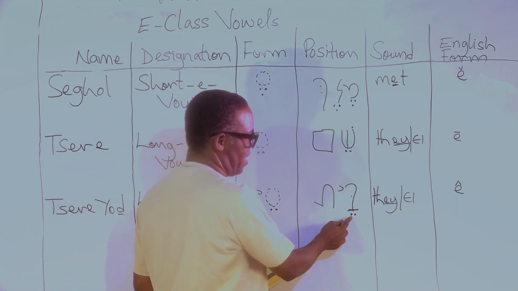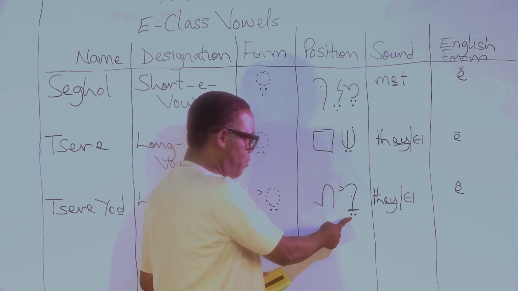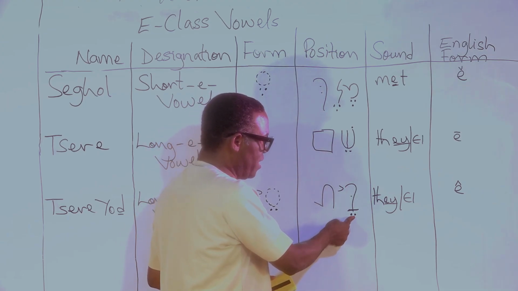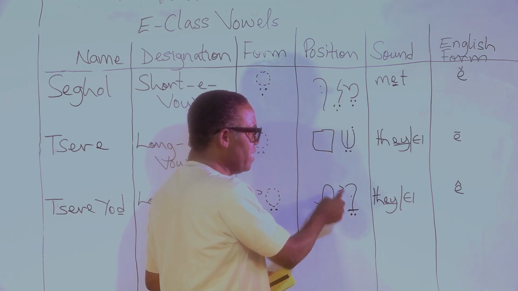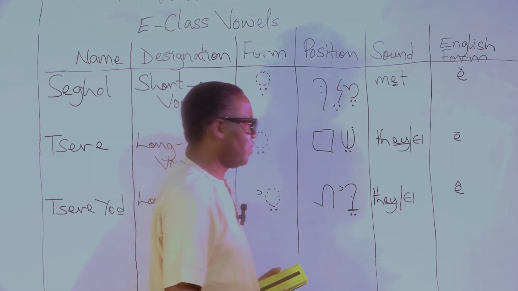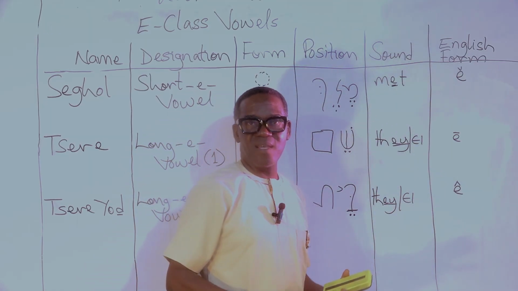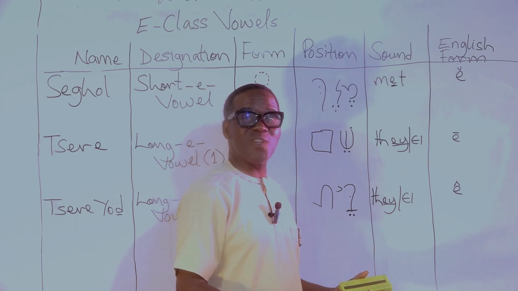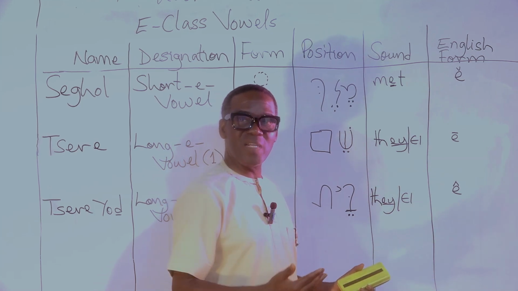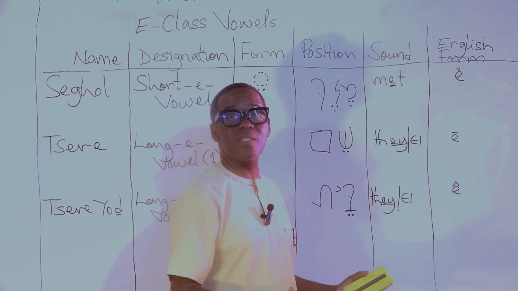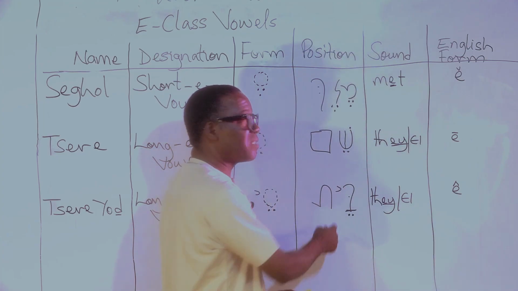Look at how it appears in this word. This is a word in Hebrew. We have sere yod. So this is a vowel. Then the pronunciation is the same. It's pronounced as A. So in pronunciation, sere and sere yod are not different, but in form they are different.